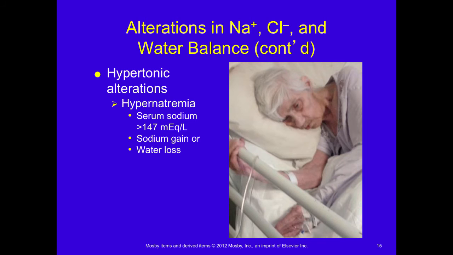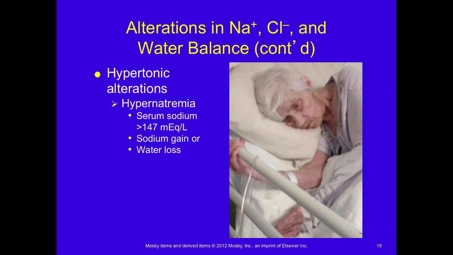Doesn't that seem kind of crazy to put all this extra solute into the bloodstream? So why do you think we would actually do that for somebody? Hopefully you're thinking, well, perhaps if the bloodstream was deficient, right? If your bloodstream was deficient of enough solutes, enough electrolytes, we would try to balance it by putting in a hypertonic solution. Okay, and if you thought that, you're correct.